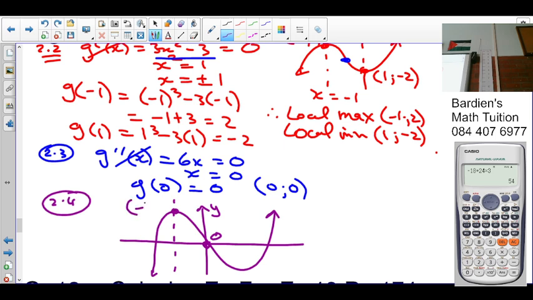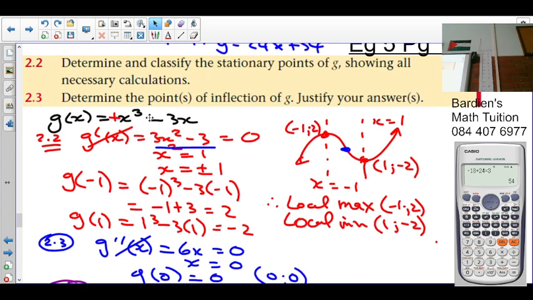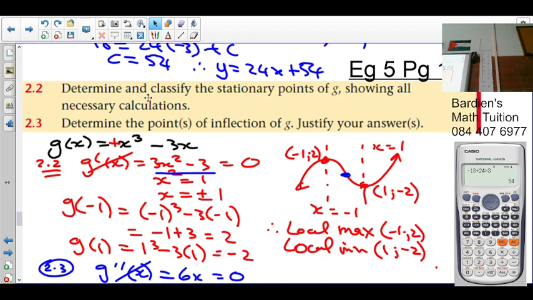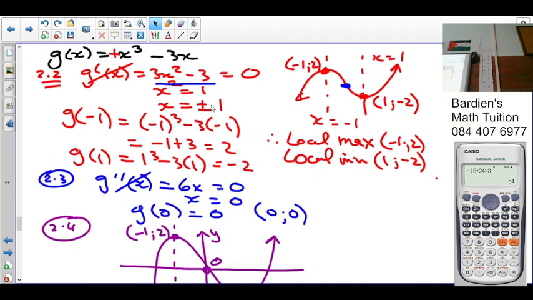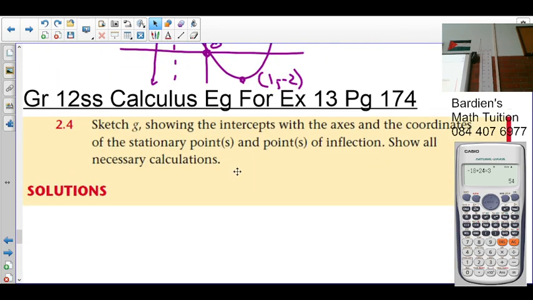The turning points, of course, are negative 1 and 2, and 1 and minus 2. Surprisingly, they didn't ask you to work out the x values here. Classify the stationary points. They just didn't ask us at this point.